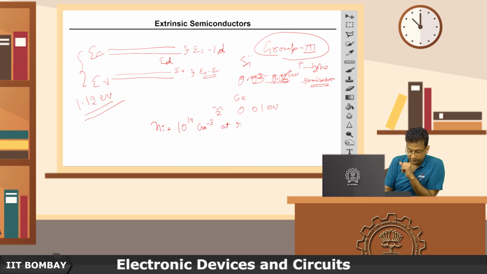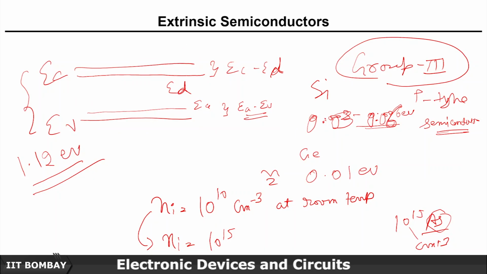The same increases to 10 to the power 15 if we introduce 10 to the power 15 arsenic atoms per centimeter cube. So you can say a 5 orders of magnitude increase is there by doping.